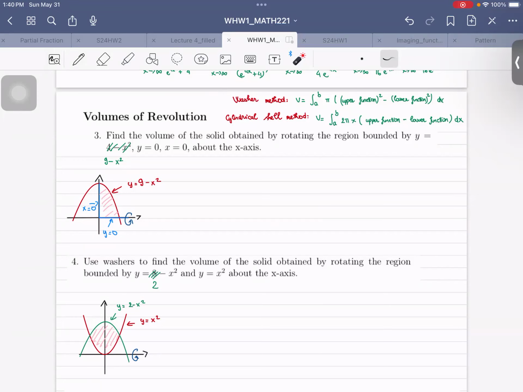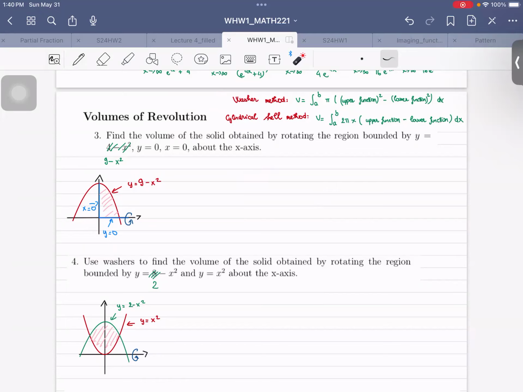And we will use the Shell method to find the volumes of the objects obtained from spinning the regions around the y-axis. I mean, you can use the Washer method to find the volumes of the objects obtained from rotating some regions around the y-axis as well.